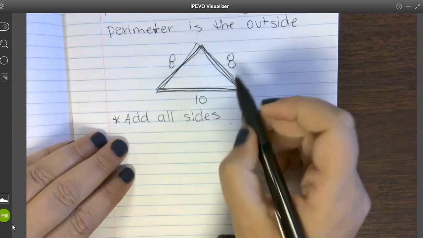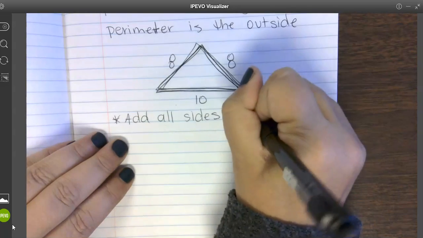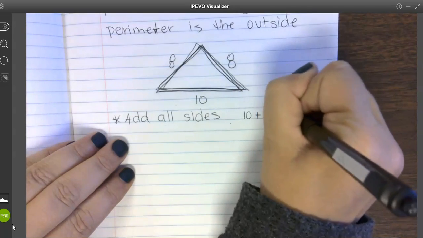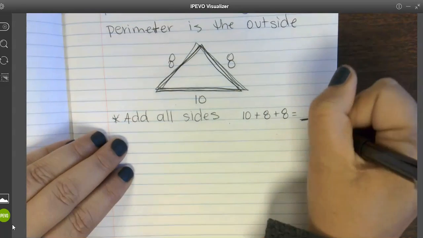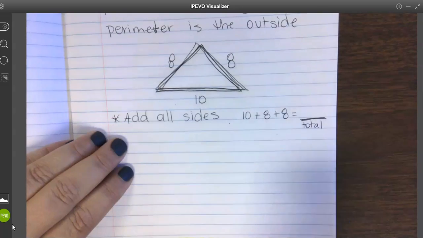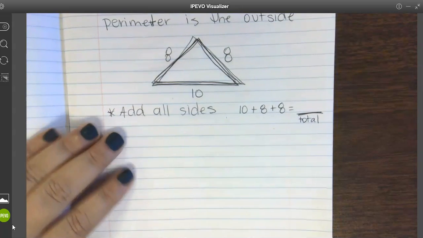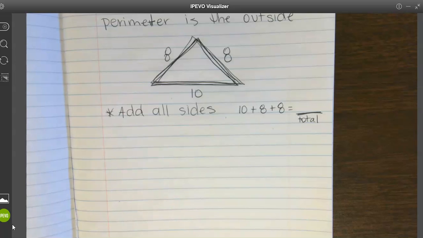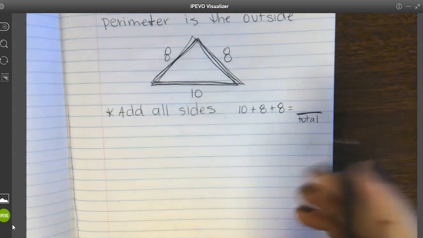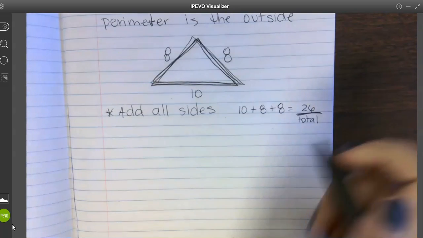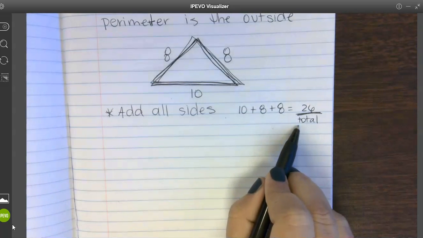So 10 plus 8 plus 8 will give you your total perimeter, okay? So this is your total. So with that being said, I can now add these. 10 plus 8 is 18. 18 plus 8 is 26. So I know my perimeter is 26, okay?